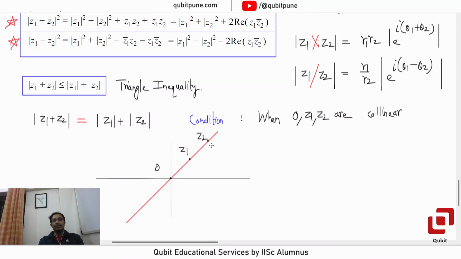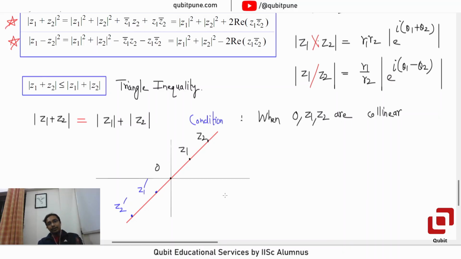Then clearly mod of Z1 plus Z2 is going to be mod of Z1 plus mod of Z2, because this segment, when you start from here, will get stretched. If they are on the other side of the origin, let us say Z1 prime and Z2 prime, even then that equality will get satisfied.